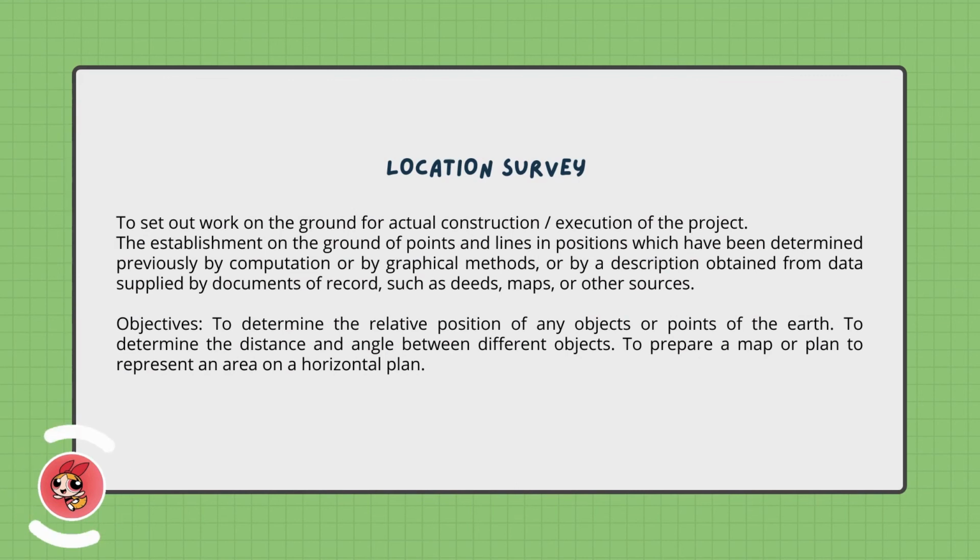The objectives of location survey is to determine the relative position of any objects or points of the Earth. It is also to determine the distance and angle between different objects, and to prepare a map or a plan to represent an area on a horizontal plan.